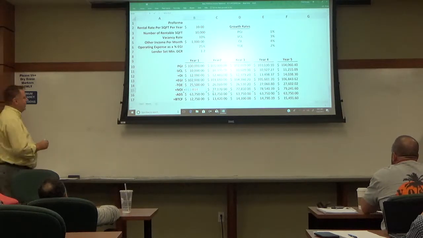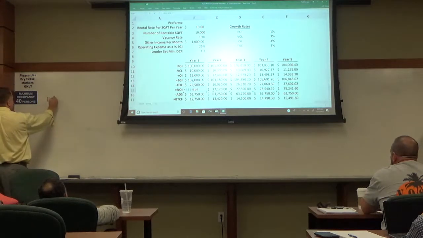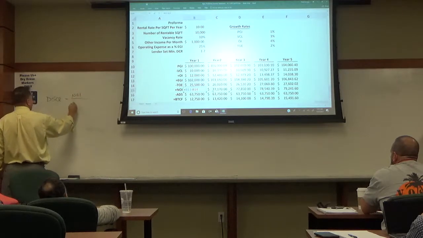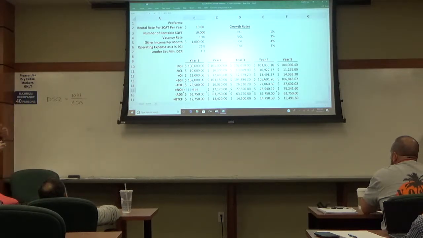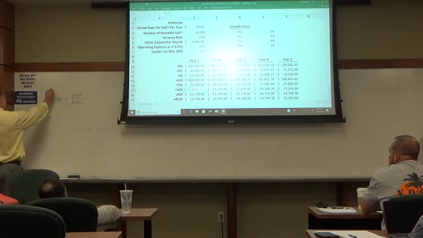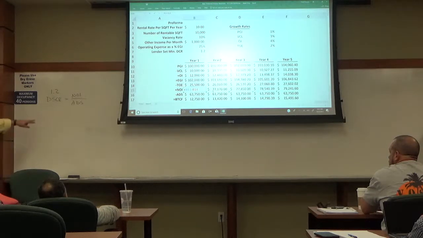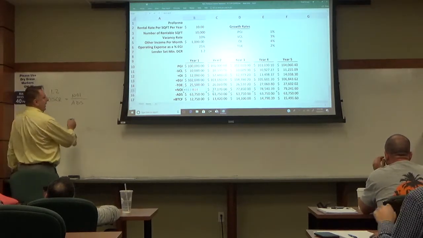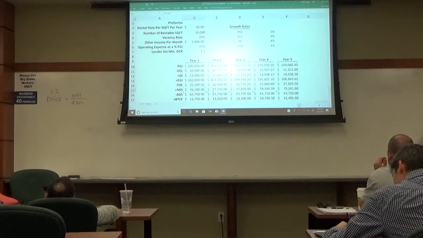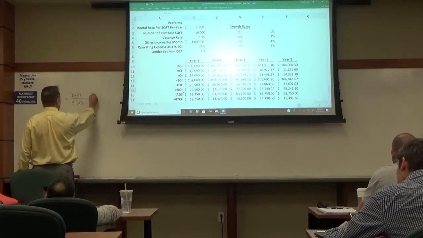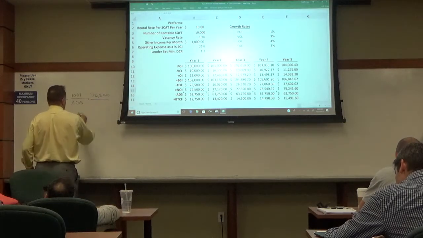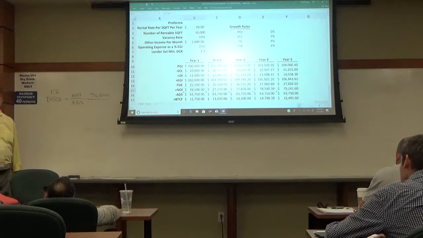So, in this particular case, our debt service coverage ratio is equal to our net operating income divided by annual debt service. So, if we're going to calculate what our maximum annual debt service is, and we're given the minimum debt service coverage ratio by the lender of 1.2, and we know that our net operating income is $76,500, then that means that we can solve for what that maximum annual debt service is.